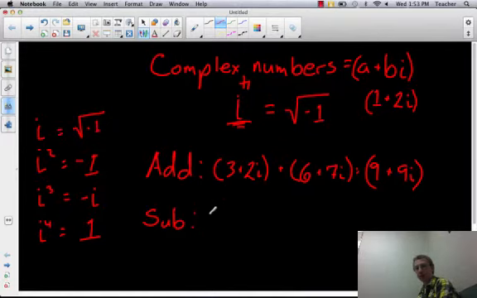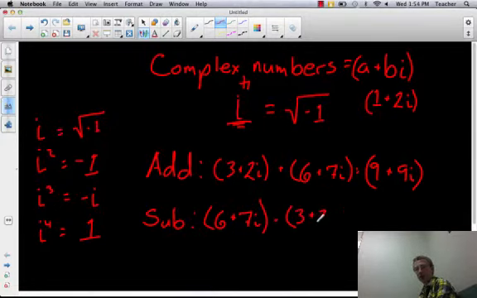Now, subtracting is literally just as simple. Because I want to get positive numbers, let's do 6 plus 7i minus 3 plus 2i. Now, what we do once again is we use like terms. So 6 minus 3 equals 3, and then we have 7 minus 2, which is 5, so 5i.